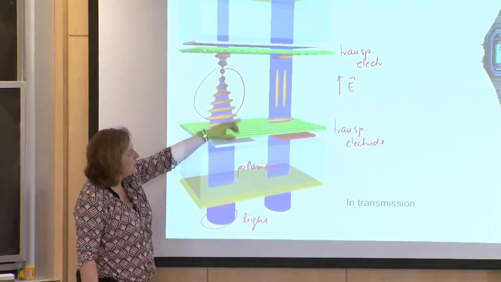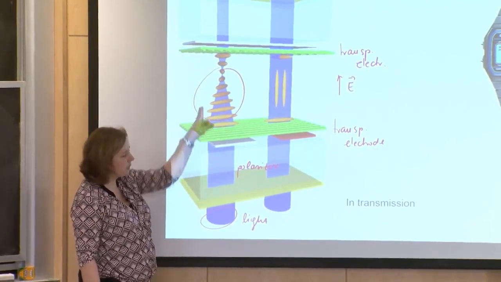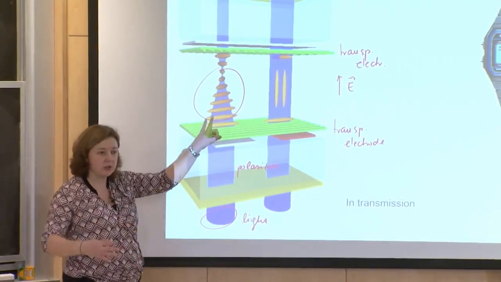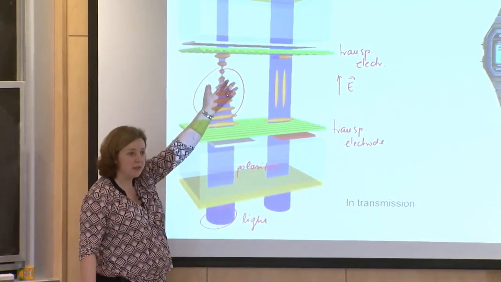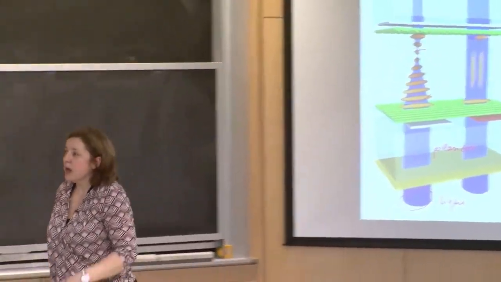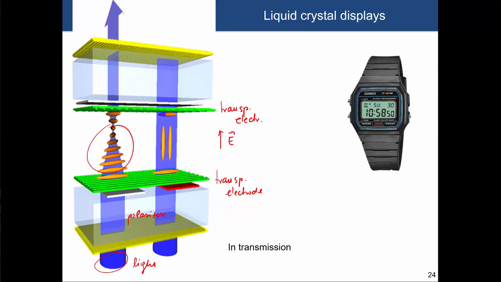This polarizer is perpendicular to this one, but because the liquid crystalline material changed the polarization of the light, at the end you will see the light coming out. So this would be the case where you do have light. If you change the orientation of these molecules, for example, if you apply an electric field, and if these molecules have a dipole moment, there will be a torque acting on the molecule itself.